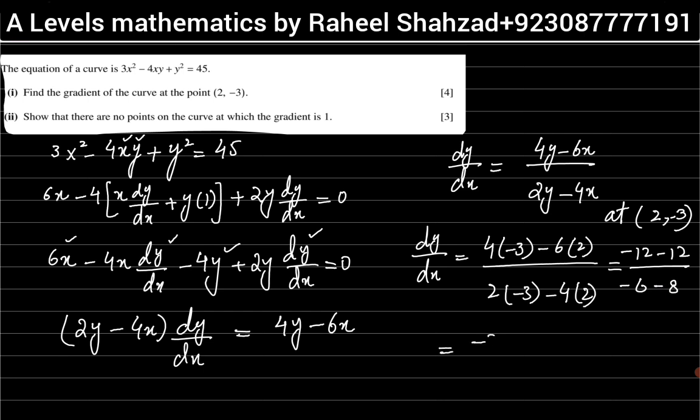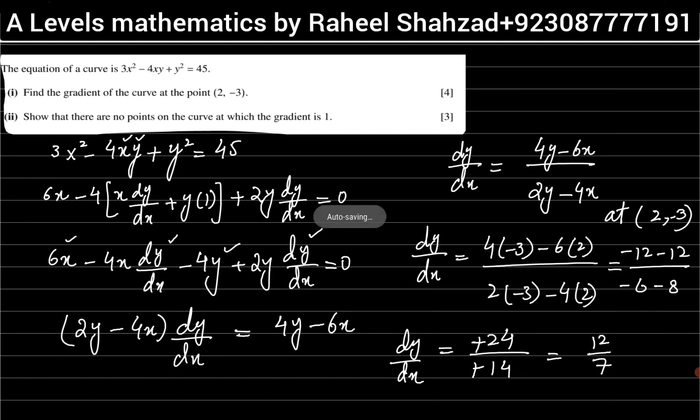So that is equal to minus 24 divided by minus 14. That is equal to 12 divided by 7. So dy by dx for this point is going to be 12 divided by 7.